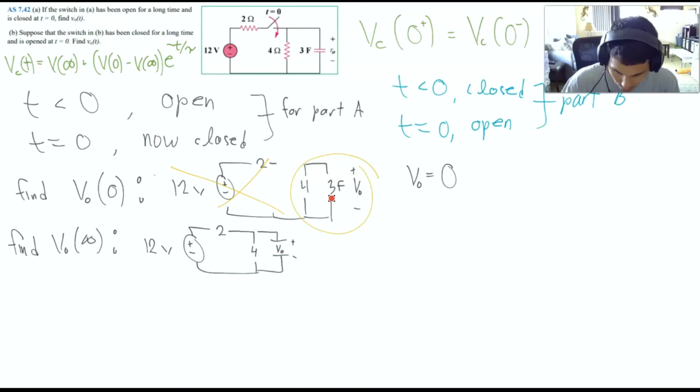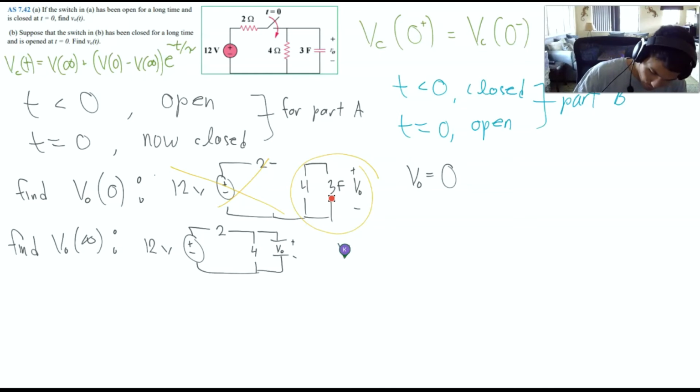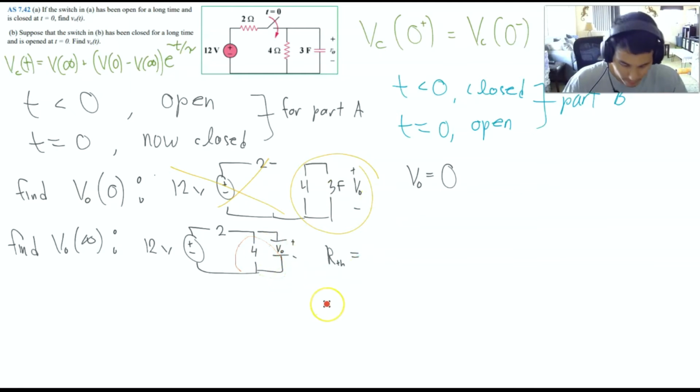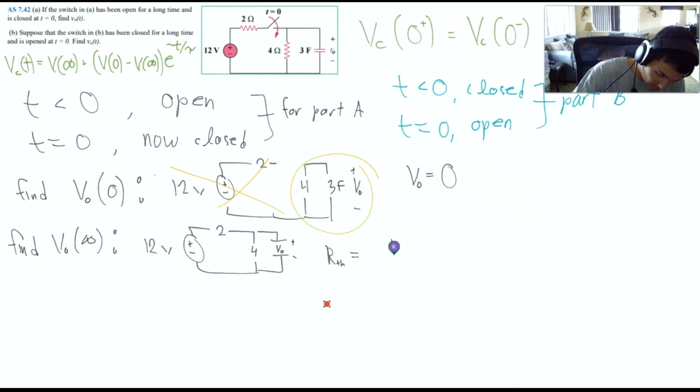First we need to think about what resistance VO actually sees. It sees a 2 ohm and a 4 ohm.